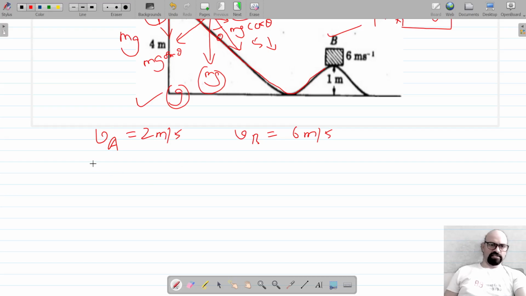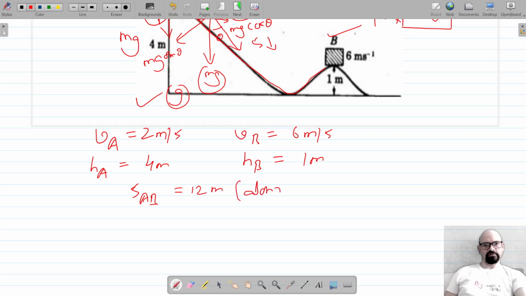The height at A is 4 meters, and the height at point B is 1 meter. The distance covered from A to B is 12 meters along the curve. And let's say the frictional force is F.